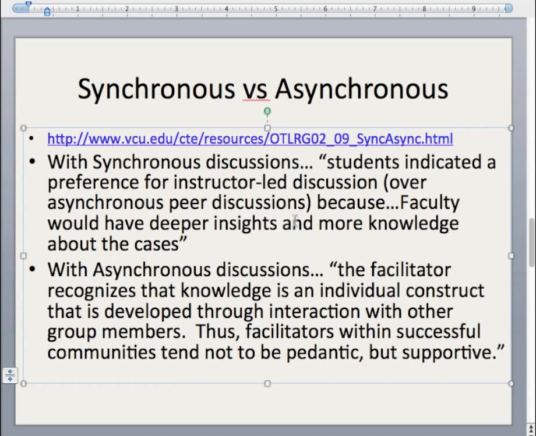Adults in particular, although from my own experience at K-12, I stand by this, tend to indicate that they like synchronous discussions because they feel that the faculty will be there to offer deeper insights and more knowledge about what's being studied than just what's being shared by their peers in the asynchronous.